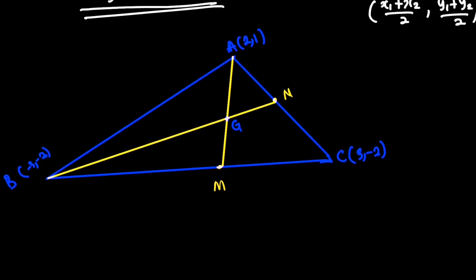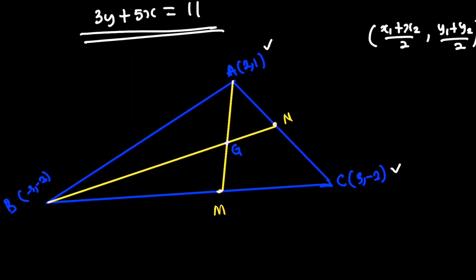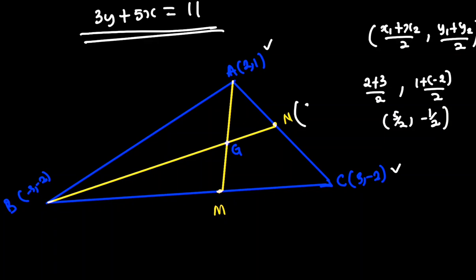Hence, we can use it to find the coordinate of N. Considering this and this for N, as per my x1, y1, x2, y2, we are going to have 2 plus 3 all over 2, comma, 1 plus minus 2 all over 2. So basically we are going to have 5 over 2, comma, minus 1 over 2.